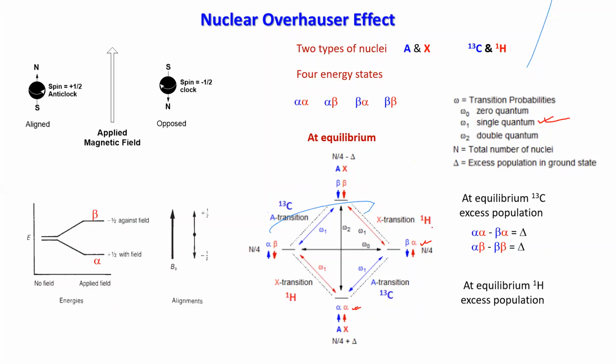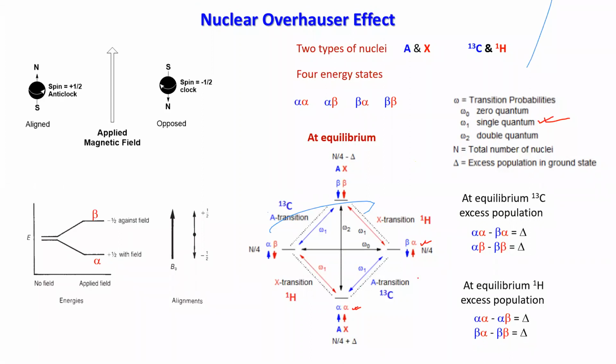So what will be the excess nuclei? I have to subtract between these two, or I can subtract between these two. So your excess nuclei with respect to proton at equilibrium will be alpha alpha minus alpha beta, that is del, and beta alpha minus beta beta, that is del.